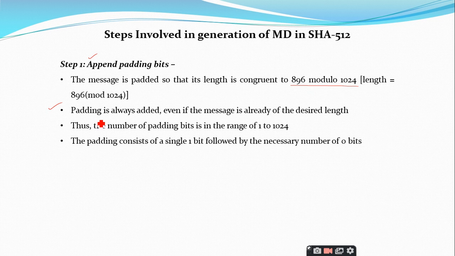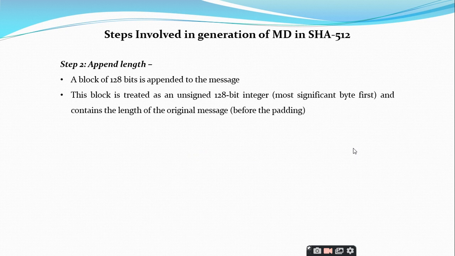Padding is always needed. Thus the number of padding bits ranges from 1 to 1024. The padding consists of one bit followed by the necessary number of 0 bits. And the second step is append length. A block of 128 bits is appended to the message. This block is treated as an unsigned 128-bit integer, and it consists of the length of the original message before the padding.